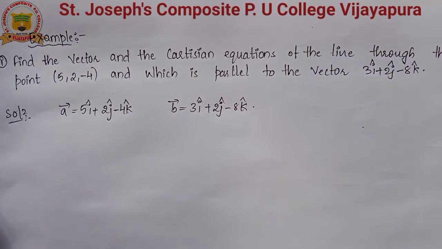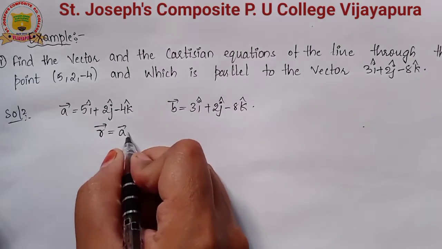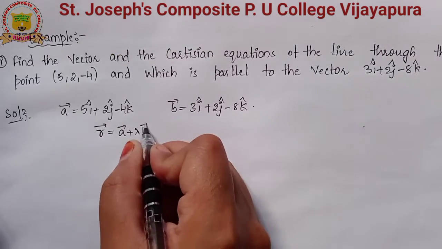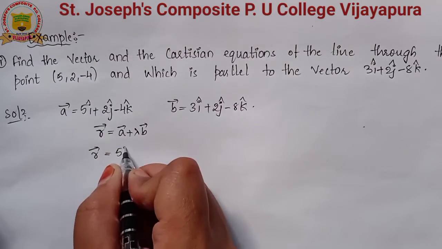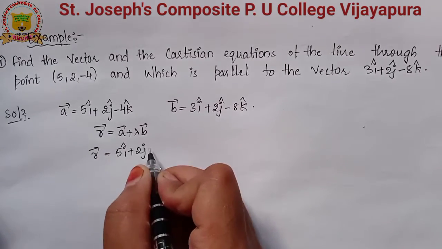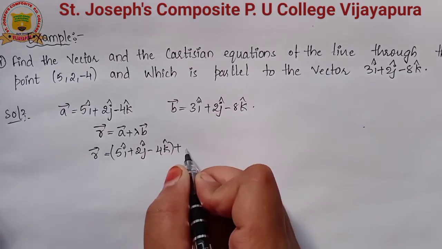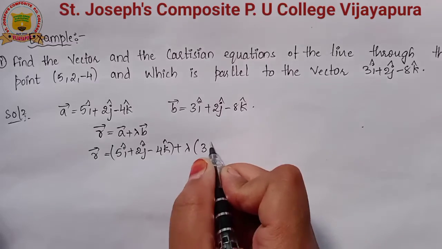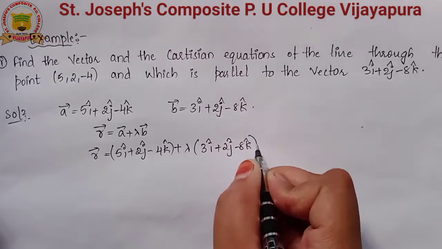Already we know the equation of the line in vector form, that is, R vector is equal to A vector plus lambda B vector. So substitute here: R vector is equal to 5i + 2j - 4k plus lambda (3i + 2j - 8k).